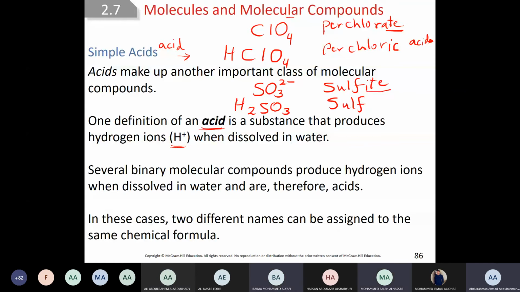Instead of ite, we change ite into ous. Sulfurous acid. So we change ate to ic, and we change ite to ous. And this is for anything.